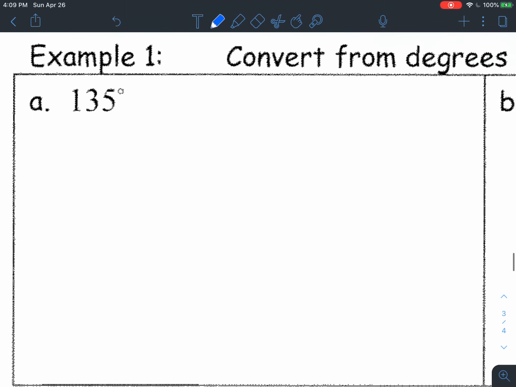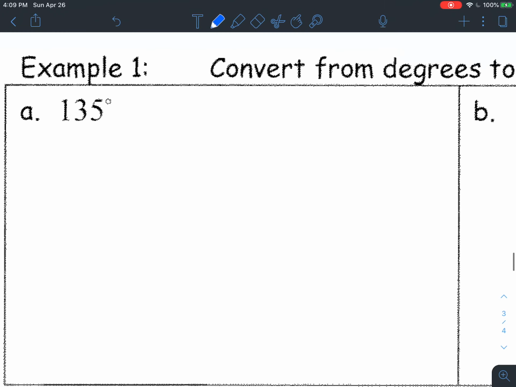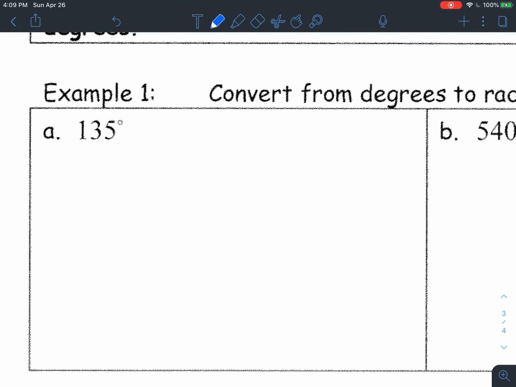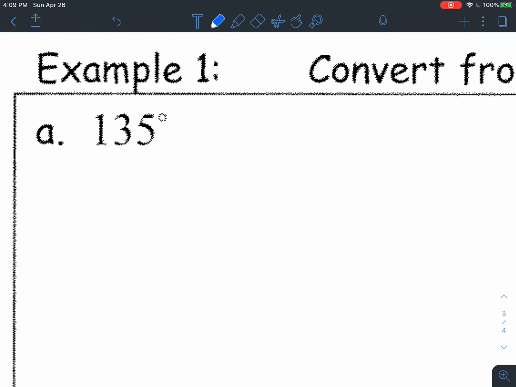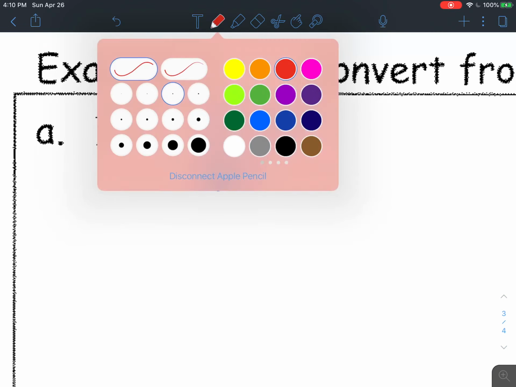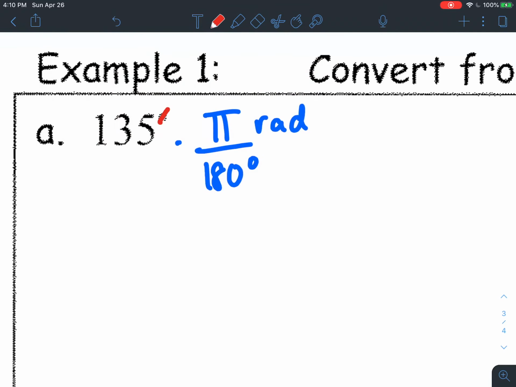But whatever you're trying to convert into is the thing that should be up top. So here we're trying to convert from degrees into radians. So that means we want to multiply so that radians are up top. So now what happens is my degrees cancel out, top and bottom, and now I'm just left with radians.